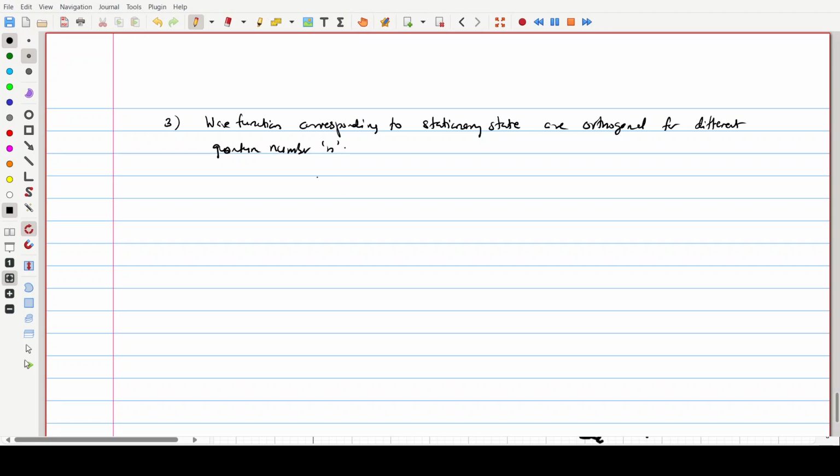It means if you integrate, the orthogonality condition we have already discussed earlier. So orthogonality means the integral from minus infinity to plus infinity of psi n star of x psi m of x dx must be 0.